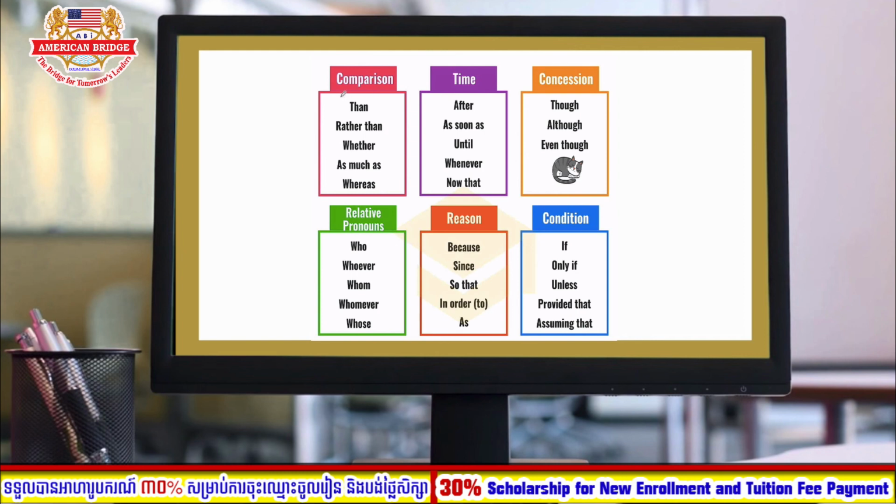We have conjunctions used for comparisons, time, concessions, relative pronouns, or to talk about reasons or conditions. We have than, rather than, whether, as much as, whereas. For time, we use after, as soon as. These are the conjunctions known as subordinating conjunctions that link one independent clause with a dependent clause.